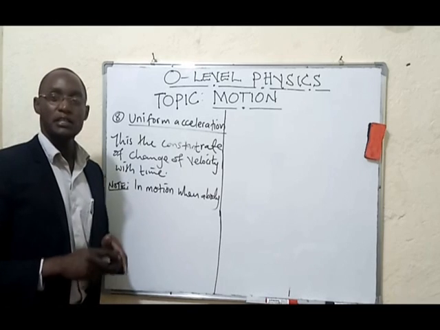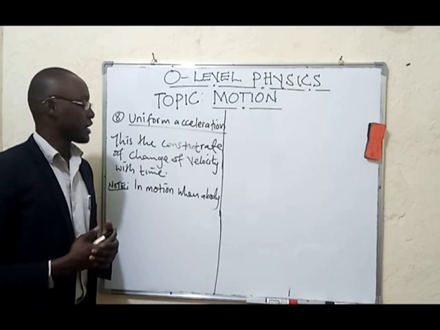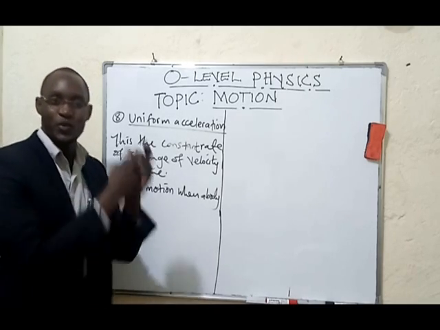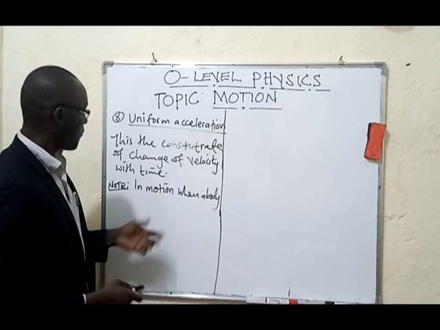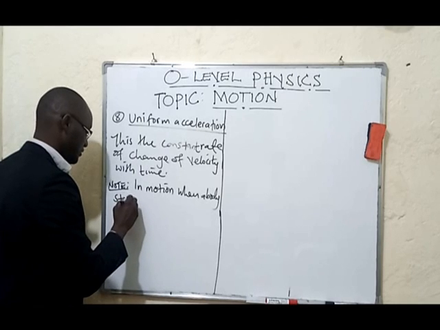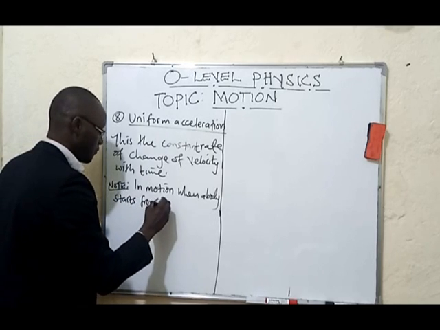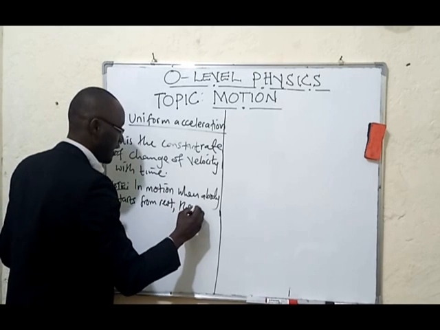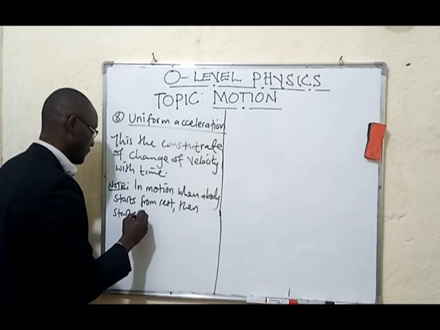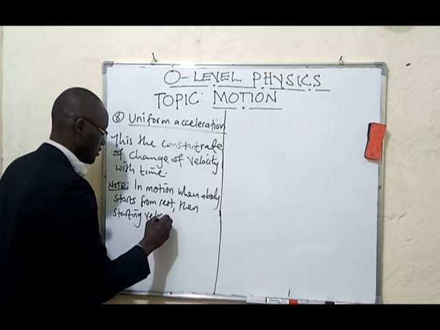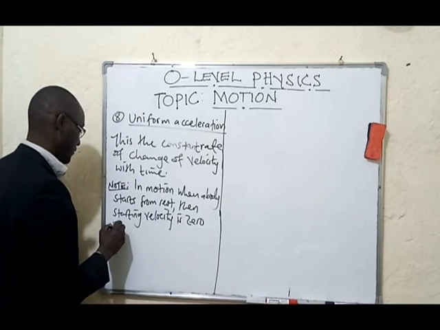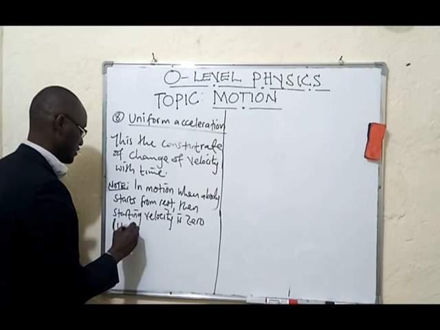Make it a car, a vehicle, a bike, a human being, an airplane, a baby bird, anything describing motion. So in motion, when a body starts from rest, then the initial velocity, the starting velocity, is zero, i.e. u is equal to zero.